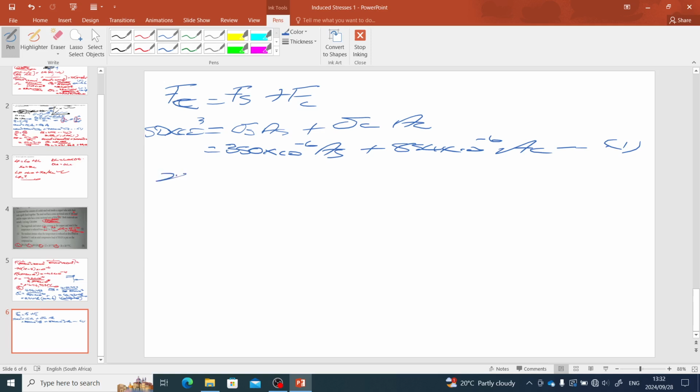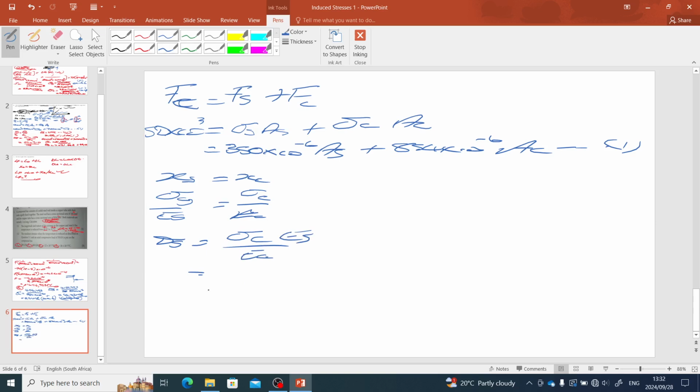Then we know that the change in steel equals the change in copper. By now we know, then we have stress steel over Young's modulus steel equals stress copper over Young's modulus copper. Then we make stress steel the subject of the formula: stress copper times E steel over E copper.